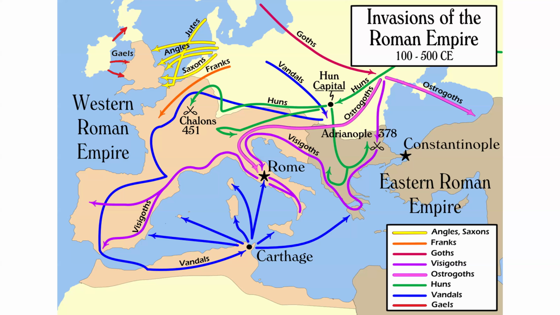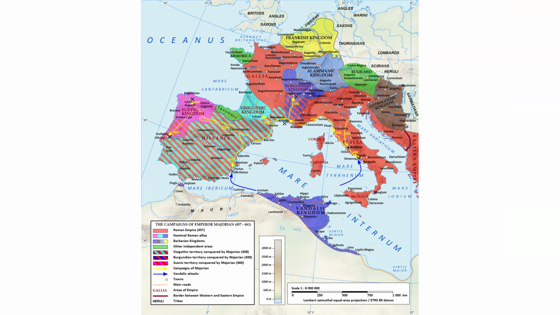Here is a map that shows how very rapidly the territory that Rome controlled was reduced. On this map, you can't really see it very well, but the Western Roman Empire controlled the Italian peninsula, and they controlled this northern part of Gaul, and the rest of it was all these other, we would call them, heathen tribes that came in and gradually became Christian.